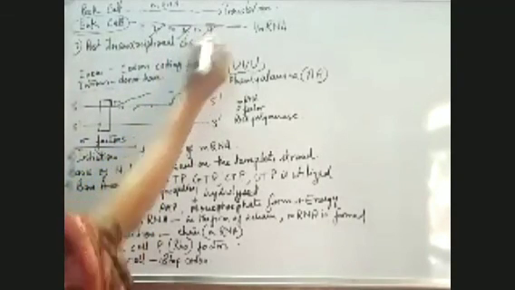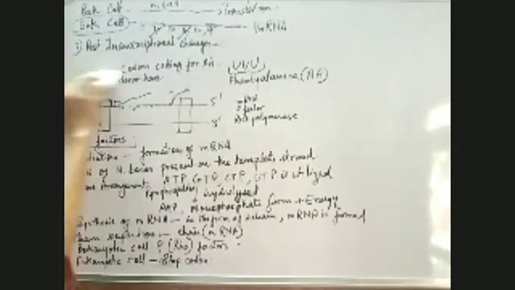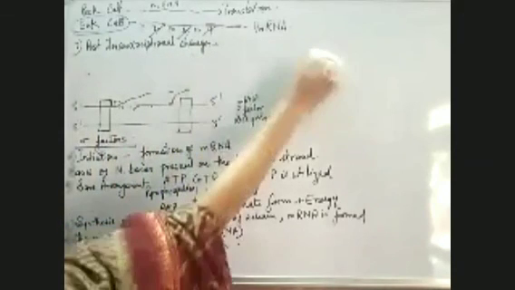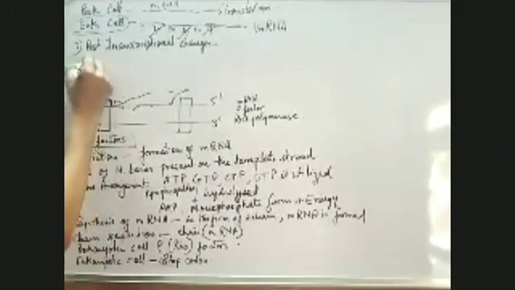Post-transcriptional changes means these are the processes which take place after transcription. Post means after transcription, whatever changes take place, these are post-transcriptional changes. So what happens in post-transcriptional changes? These are not observed in prokaryotic cells.